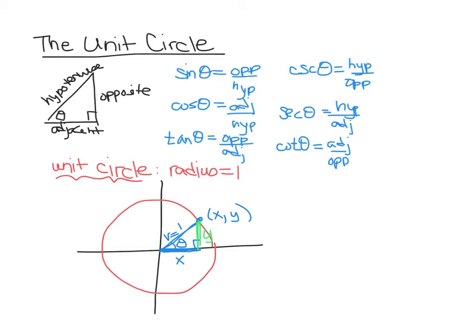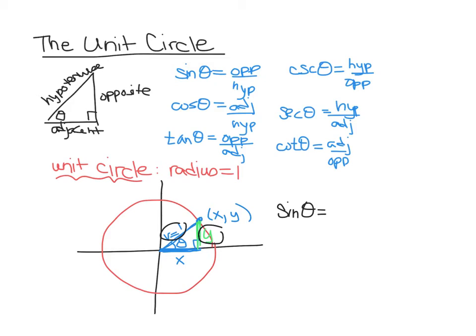So actually, those two things are going to help me construct my unit circle, and then I'm also going to use what I know about sines and cosines to give myself some relationships. So the sine of that angle theta is my opposite, which notice here my opposite is y, over my hypotenuse, which notice is 1.